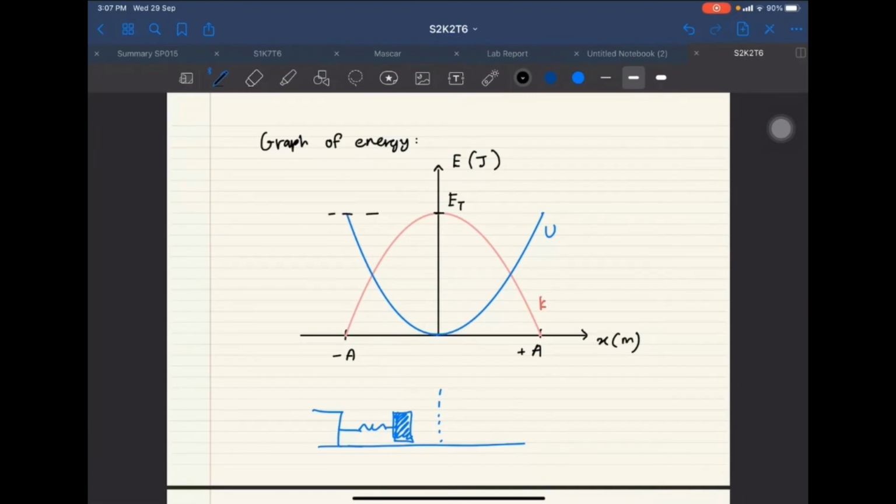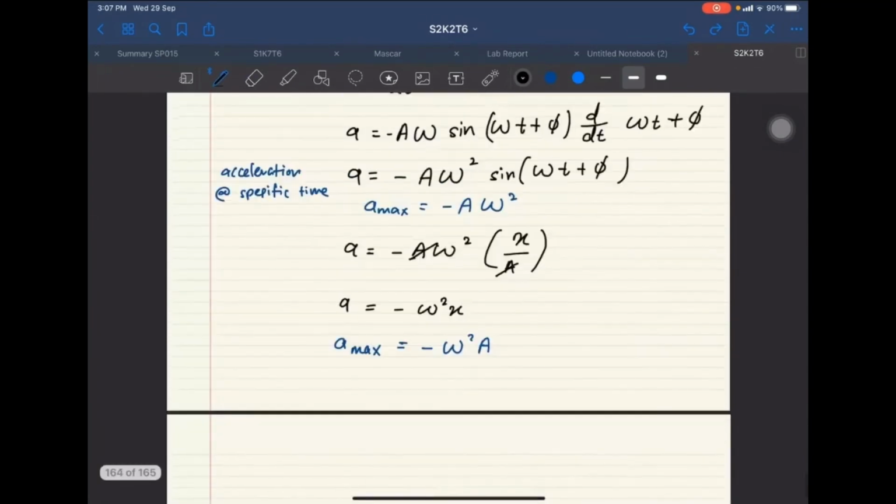So, that one is actually something like this. You don't have to label yang dotted line tu, tak perlu label lah. Saya just nak tunjuk je. Okay, ada soalan? Tak ada, sir. Okay, that one is pretty much about the theory for 3.1.